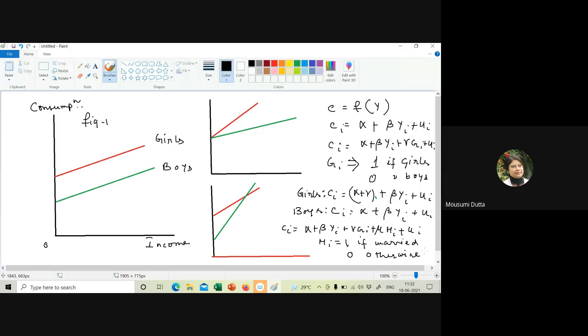So now what I'll do, first I'll consider both Gi and Mi to be equal to 1. So tell me what will be the format of the regression equation.